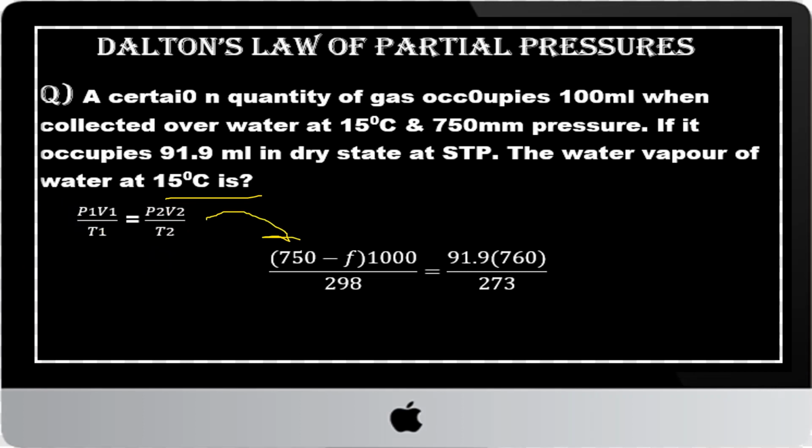Substituting the values, the pressure of the gas P1 equals 750, the resulting pressure, minus the aqueous pressure F, into the volume 100 ml, divided by the temperature, 15 degrees Celsius, which means 288 Kelvin, and here 91.9 ml is the volume, and the pressure is 760.